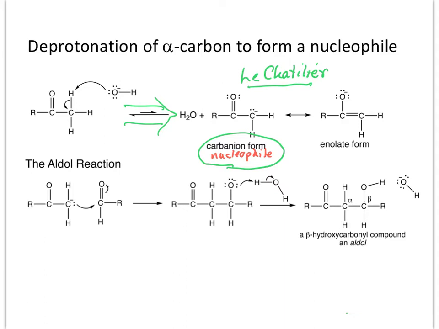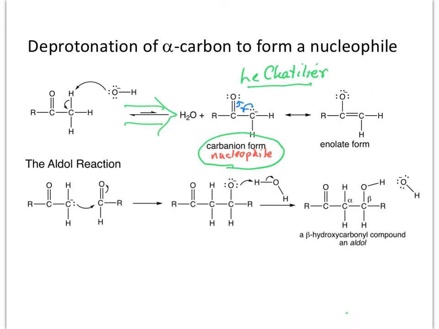If this pair of electrons falls here, and the pi electrons go up there, we can get an alternate resonance form, right? And that resonance form looks like an enol that's been deprotonated. We call that an enolate. And the enolate form is actually more stable than the carbanion form because the negative charge is on a more electronegative atom.